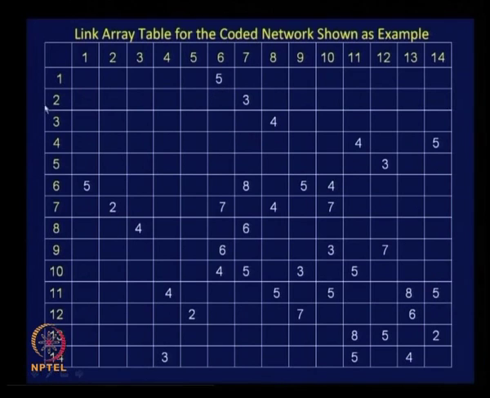Suppose we want to incorporate other attributes of the link, length of the link, capacity of the link, all these things can be included. For example, here for 1-6, if you want to include capacity, you can say 5 comma the capacity value, and put one more comma and give the value for length.